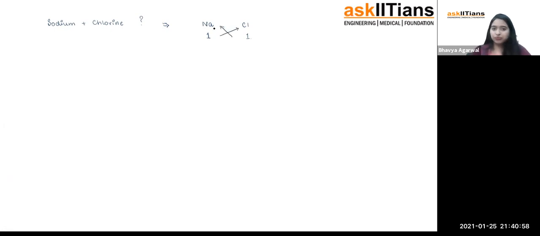And using that, we'll put this part. Now what we'll do, we'll go with the second step. Second step is crisscross of valency. So first step is to write the chemical symbols of the atoms given in the question. Step 2 is crisscross their valency.